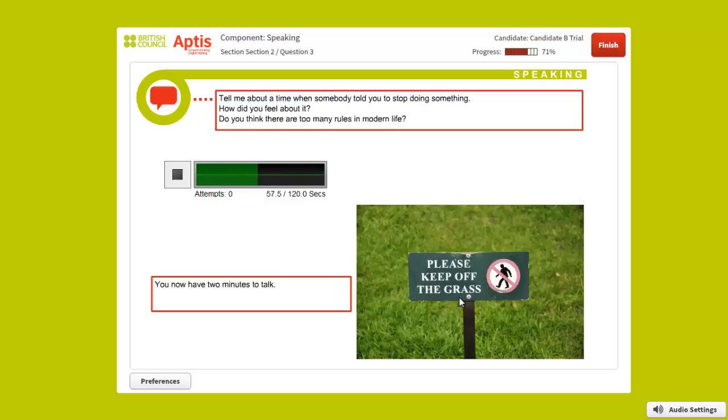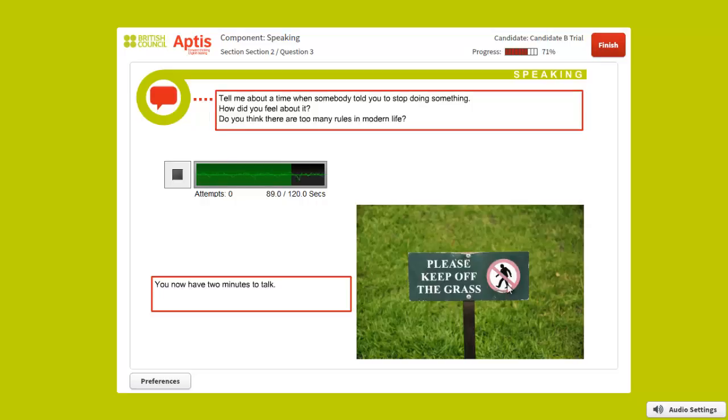Yes, at the same time you can make some ideas while you are speaking and connect them together and speak about the sign. As he said, it's a kind of preventing you from something maybe you like, as playing football here or making barbecue here.